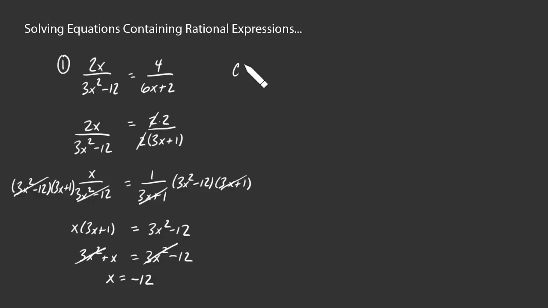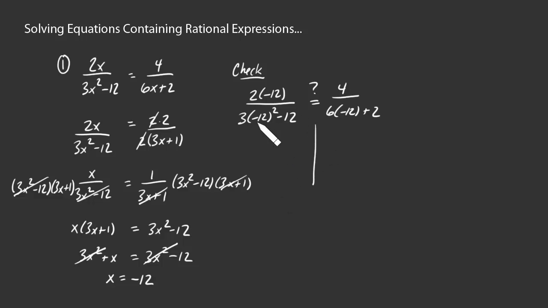Okay, so in terms of a check, let's see, 2 times negative 12 over 3 times negative 12 squared minus 12. Is that equal to 4 over 6 times negative 12 plus 2? All right, well, we'd have to crank it all out. On the left-hand side, of course, we get negative 24 up top.